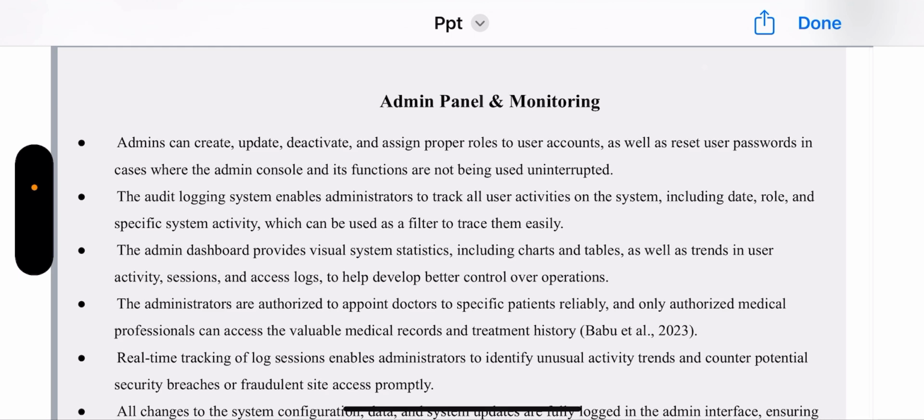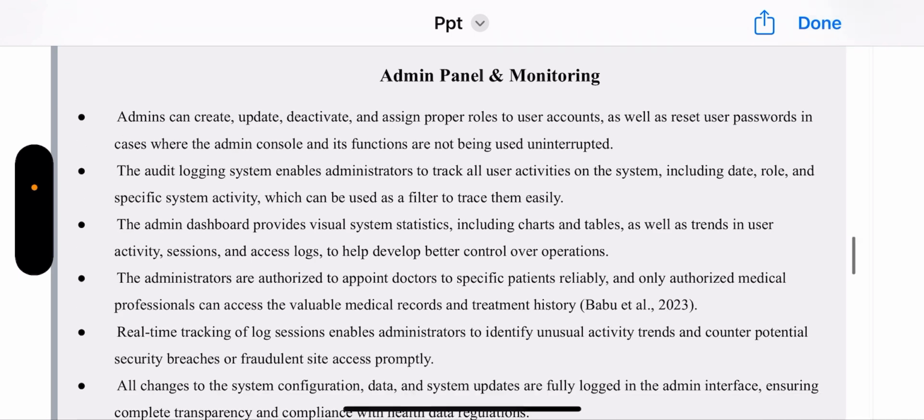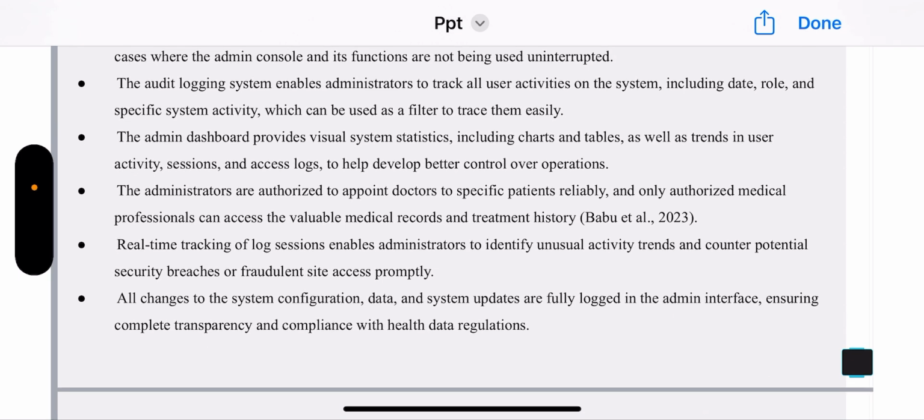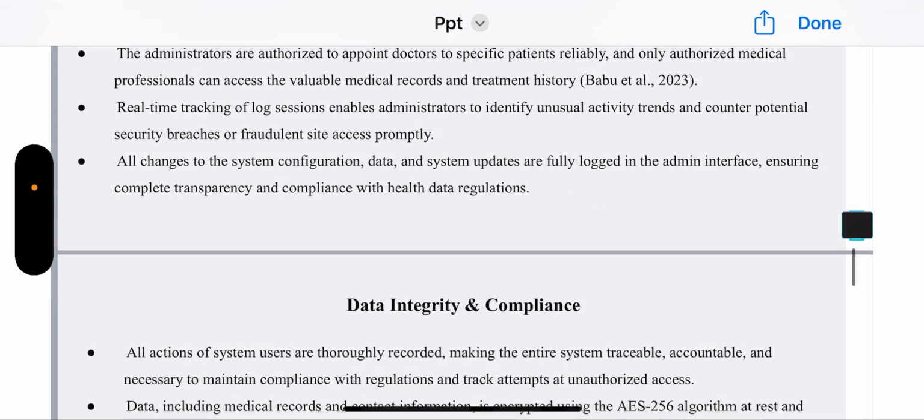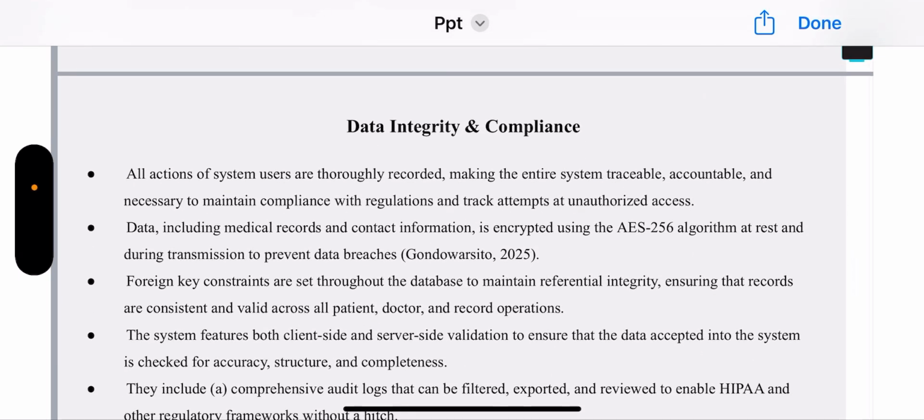He should assign the doctors and patients or whatever they need. The tracking system should be very clear, and all changes to system configurations, data, and system updates are fully logged in the admin interface, ensuring complete transparency and compliance with health data regulations and data integrity.